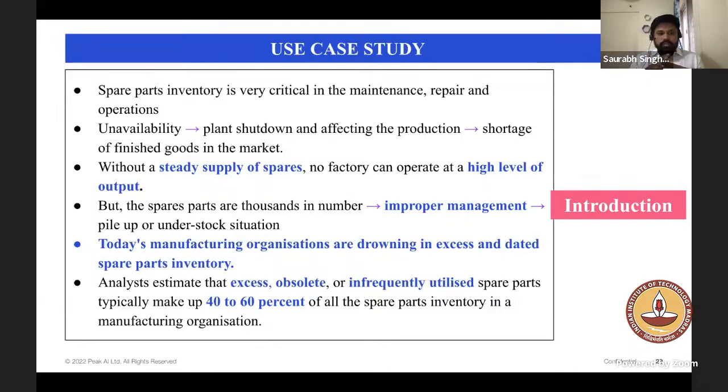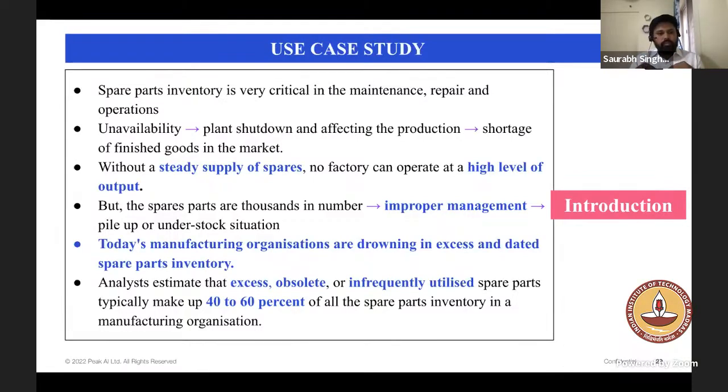These are very huge, humongous plants, where bigger equipment and machines are installed, and different types of spare parts are required for the proper functioning of those machines or equipment installed in the plant. So these spare parts are in thousands or lakhs in number.